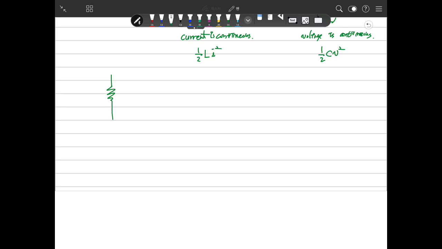This is R, and this is the capacitor, and this is the inductor.